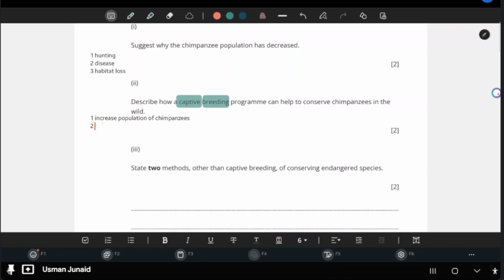So basically, it creates a safe environment and prevents infant loss. Do you understand what that means, infant loss?